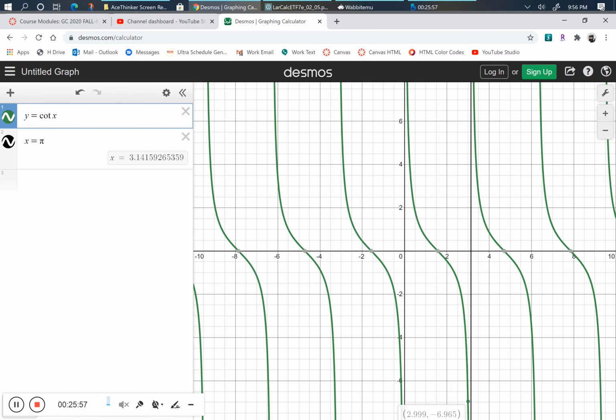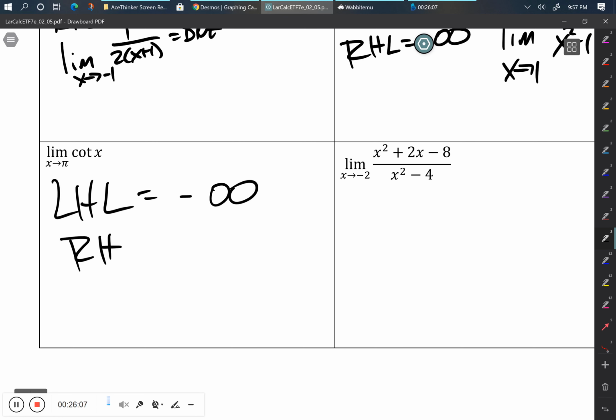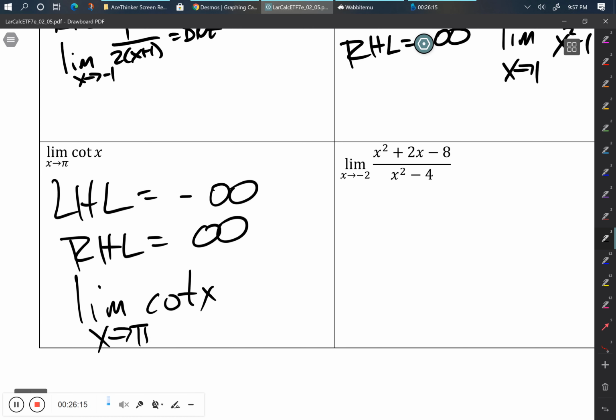Left going down, right going up. So the left hand limit was negative infinity. The right hand limit was positive infinity. So the limit of cotangent x as x approaches pi does not exist.